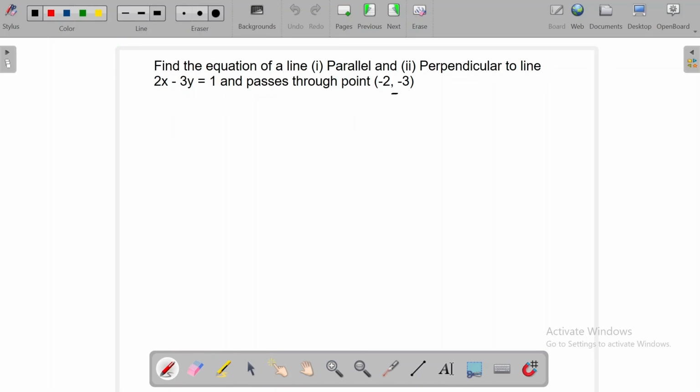Observe this here, point. So this tells you it is a 1-point form. But if I simplify this, you have 2x minus 3y is equal to 1. So this simply means if I make y the subject of the formula, it becomes 2x minus 1 is equal to 3y.